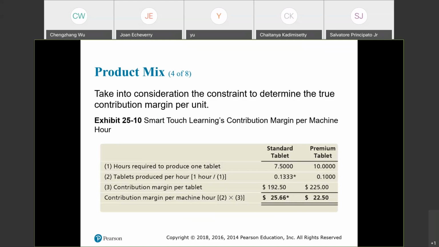Okay, in this slide, we can see the contribution margin per machine hour differs between the two types, and standard tablets have a higher contribution margin per machine hour than the premium tablet.